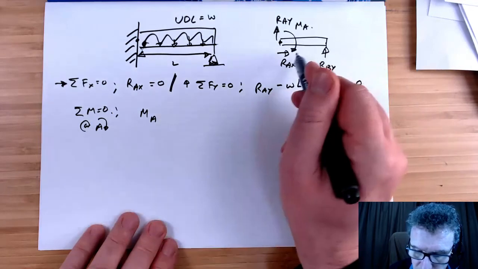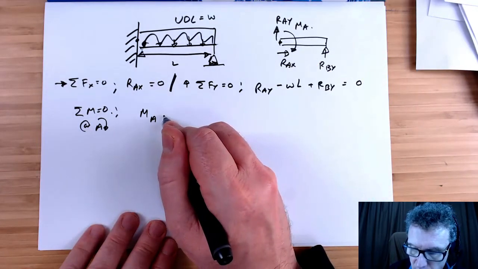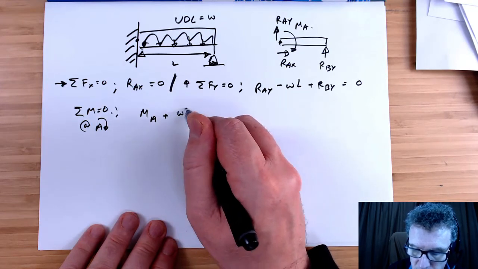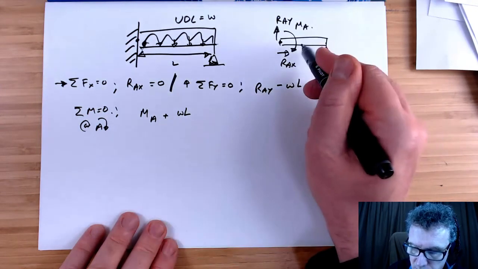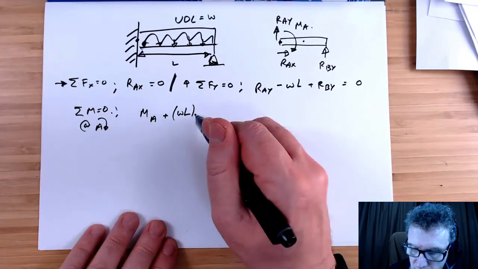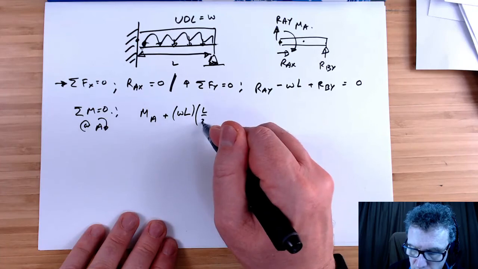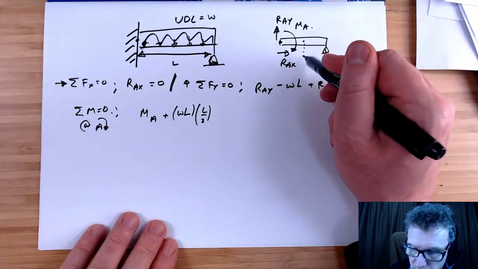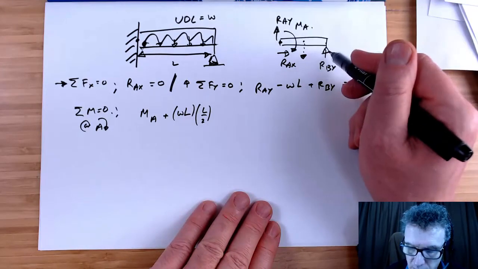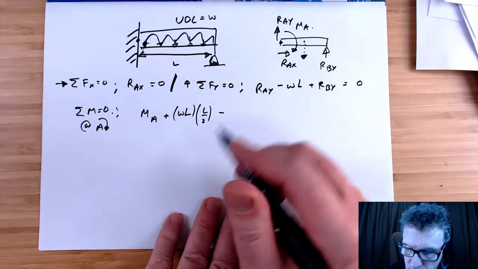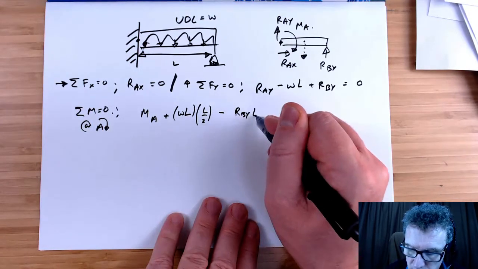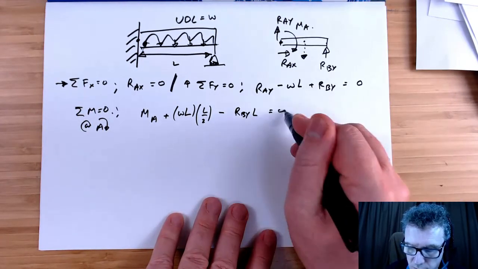That load's going downwards, so that would be a total weight of little w times L. Its centre of mass is half L. So that's going to create a moment there. This one here, opposite direction, so minus RBY times L equals 0.